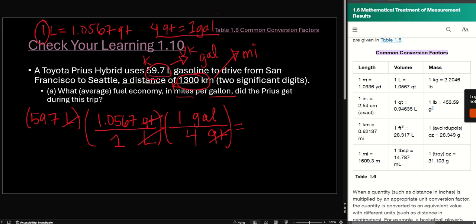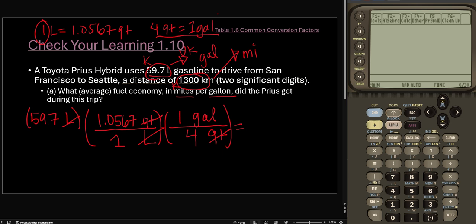So we're going to go ahead and type this into the calculator. This is my scientific calculator, has everything you need here. I always use parentheses to be safe. Since you're just starting out doing these calculations in chemistry, I highly recommend you use parentheses when needed.